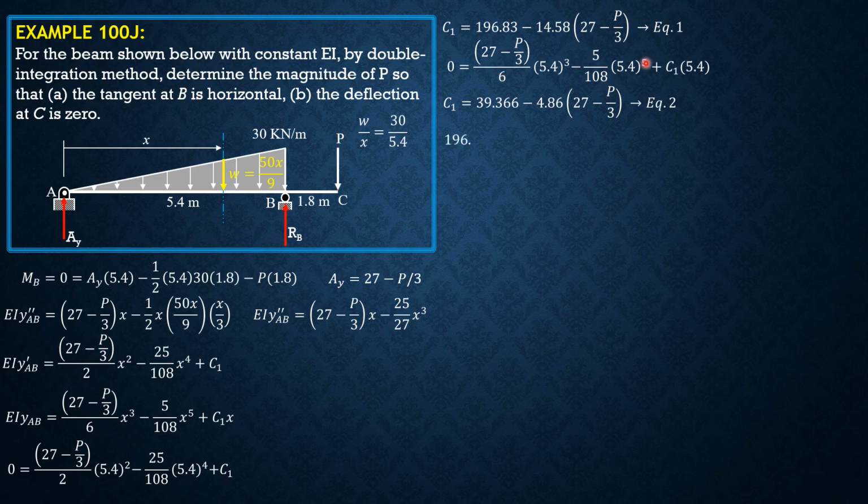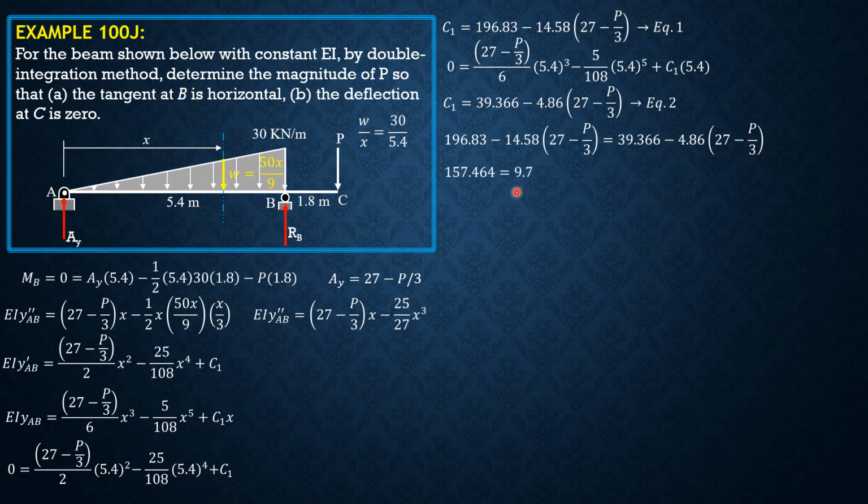So equating equations 1 and 2, 196.83 minus 14.58 quantity 27 minus P over 3 equals 39.366 minus 4.86 quantity 27 minus P over 3. So 196.83 minus 39.366, then 14.58 minus 4.86 of 27 minus P over 3.